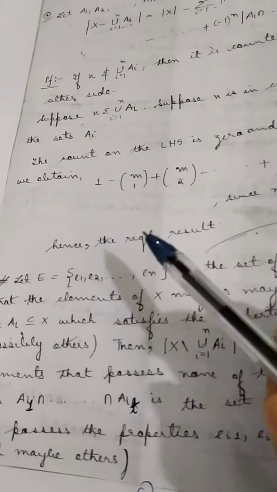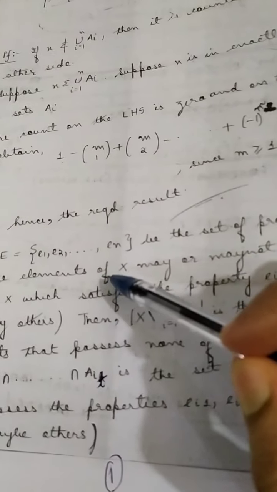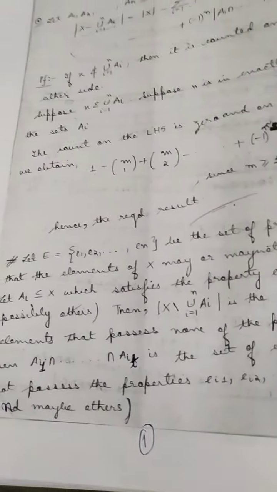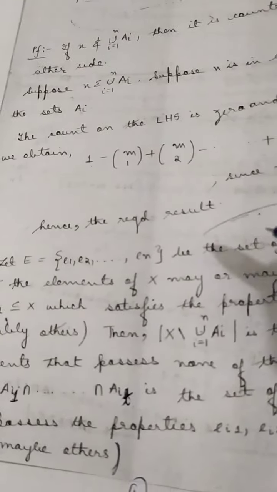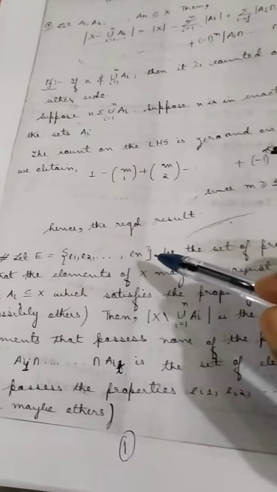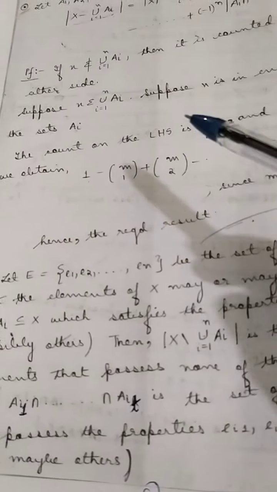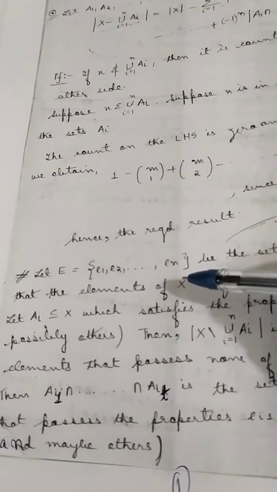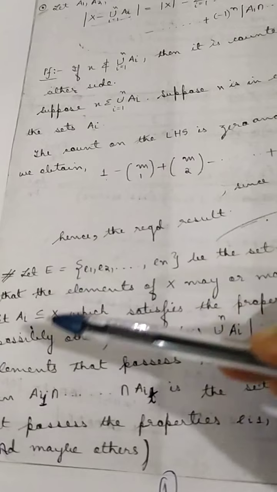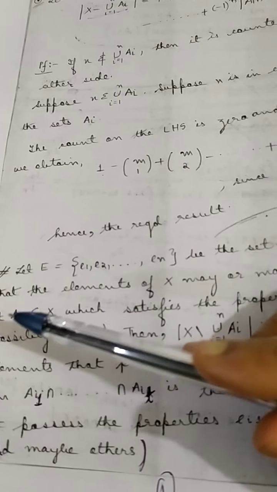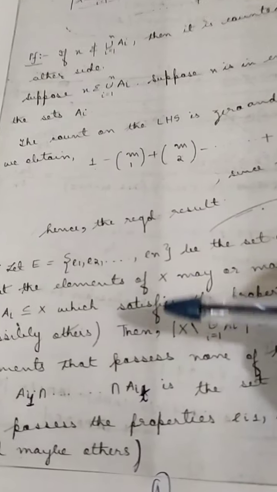Say you consider these n properties, the set of properties that the elements of the set X may or may not possess. The elements of the set capital X, the universal set here, may or may not possess them. Say the elements of A1 satisfy E1, the elements of A2 satisfy E2, the elements of An satisfy En.